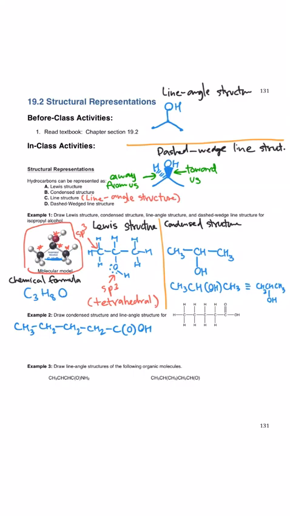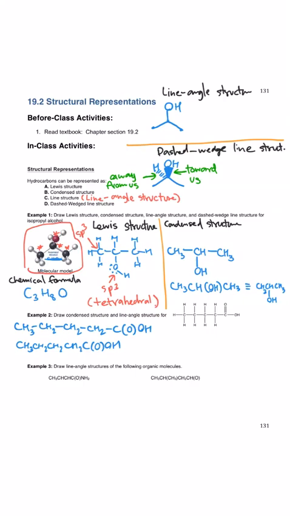Another way to write out the condensed structure is without the bonds. It can be written as CH3, CH2, CH2, CH2, and C(O)OH. That would be another way. The last way you can represent this is to condense it even further. The group of CH2 that we see, there are 1, 2, 3 of them.